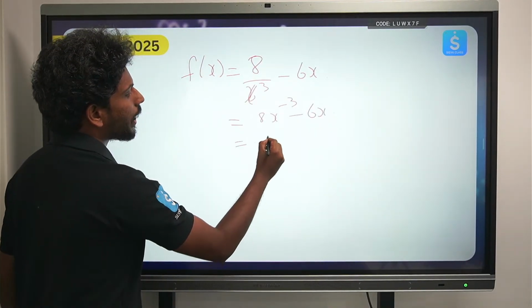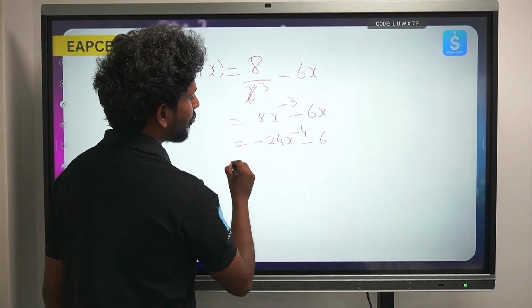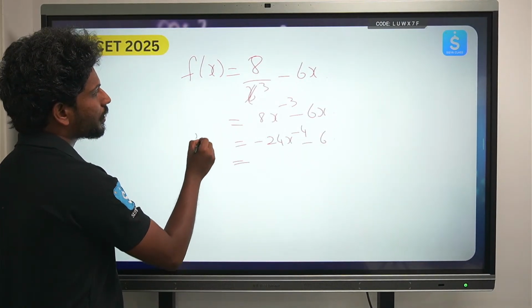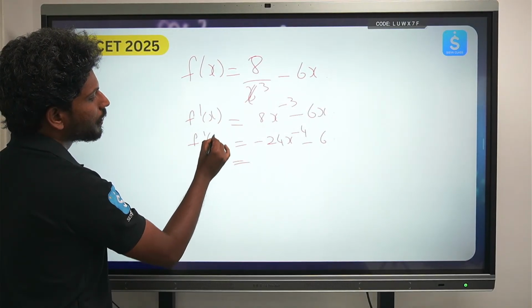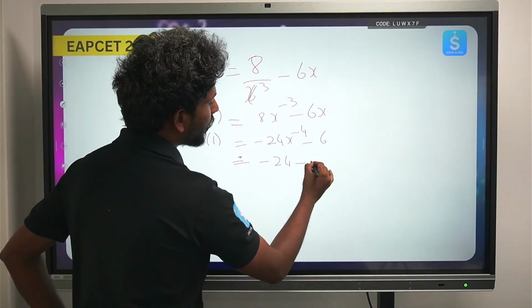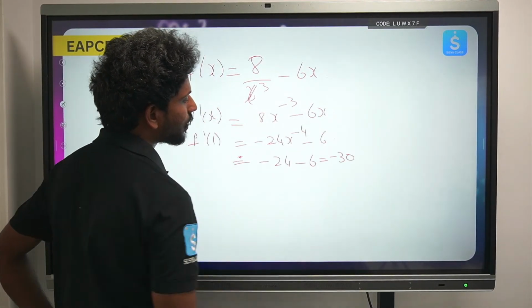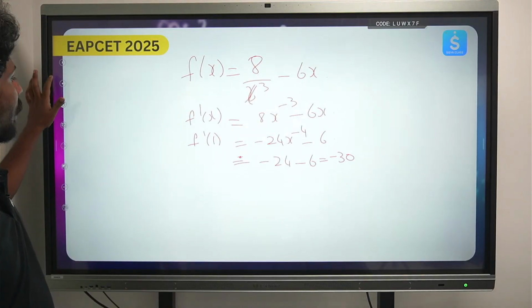So this will become minus 24 x to the power minus 4 minus 6. Now if I substitute, this is nothing but f dash of x. What will be f dash of 1? That will be minus 24 minus 6, which is equal to minus 30. So this is f dash of 1 I got.